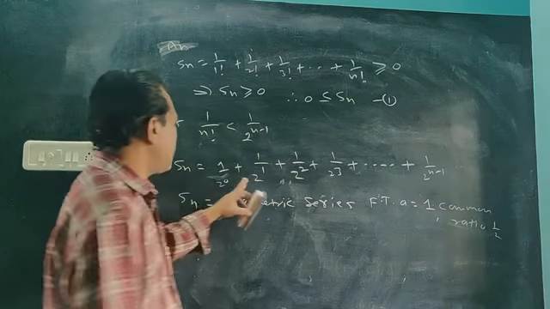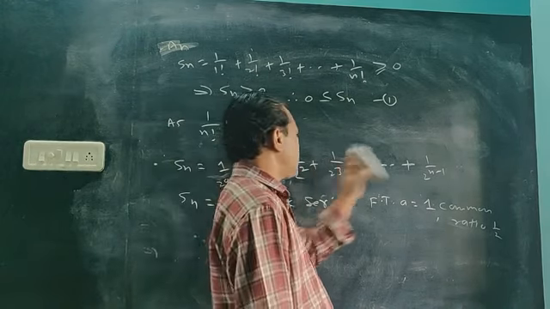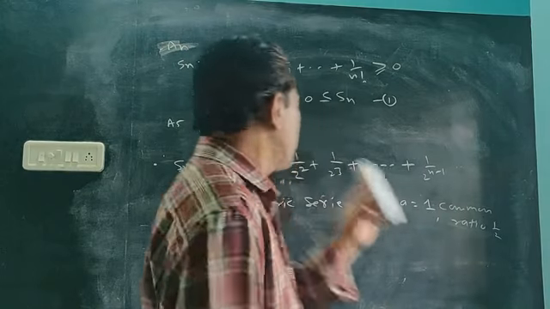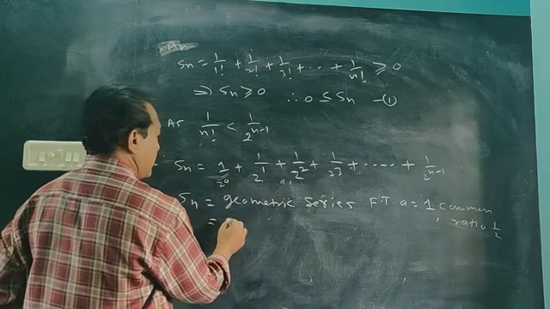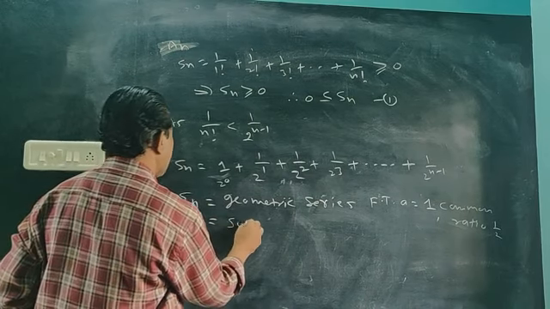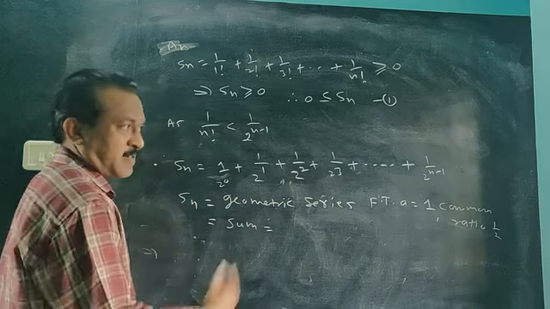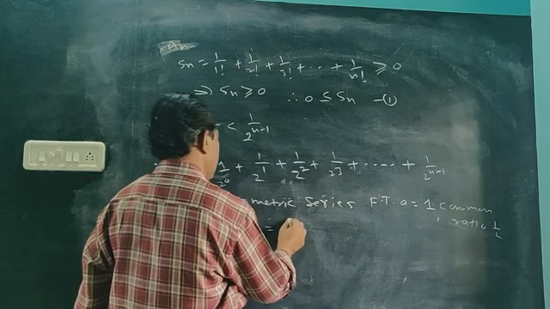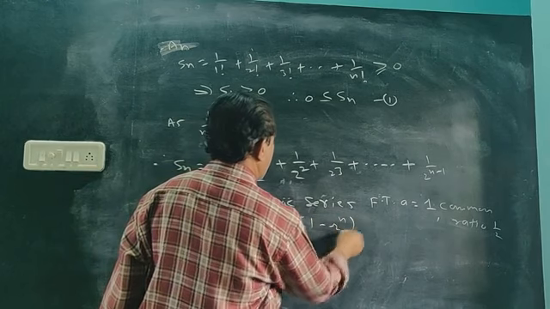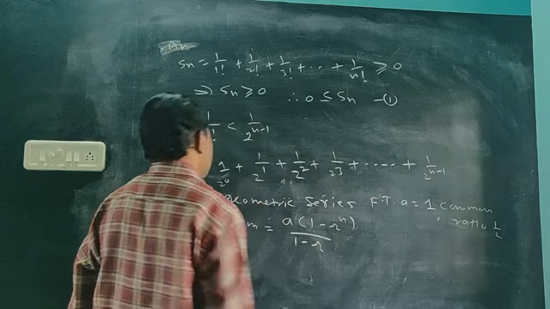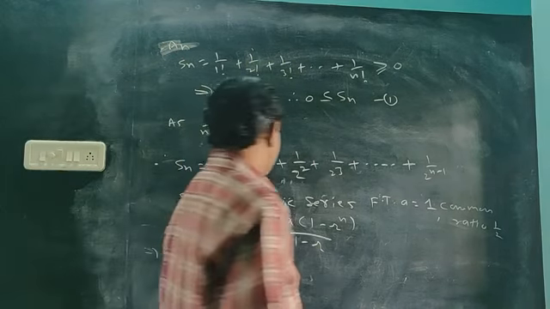Common ratio: this upon this is 1 by 2, this upon this is 1 by 2, this upon this is 1 by 2. So it is a common ratio. Then what is the formula? The sum formula for a geometric series: the general formula is A into 1 minus r raised to power n, divided by 1 minus r.